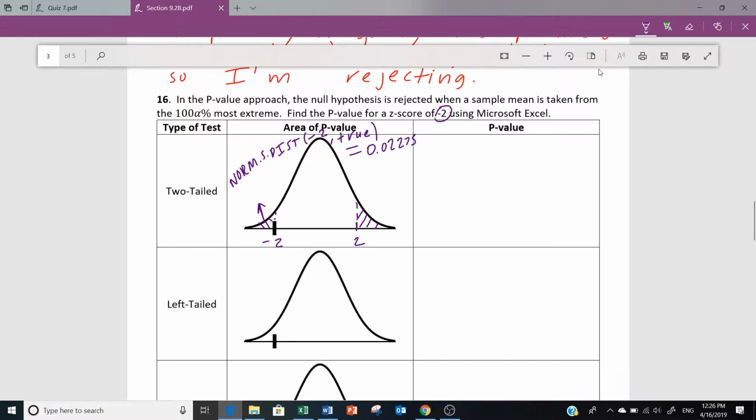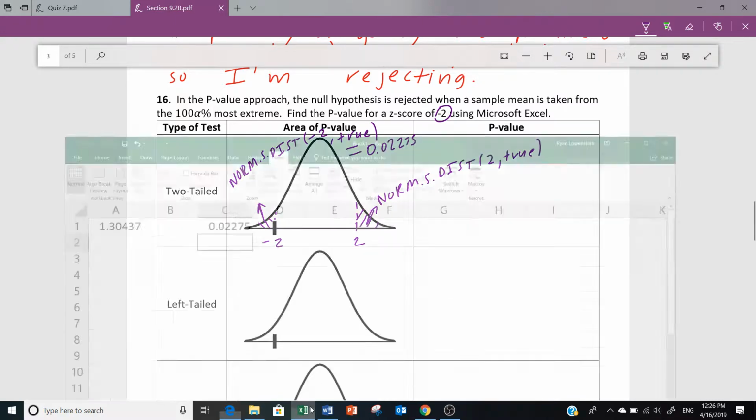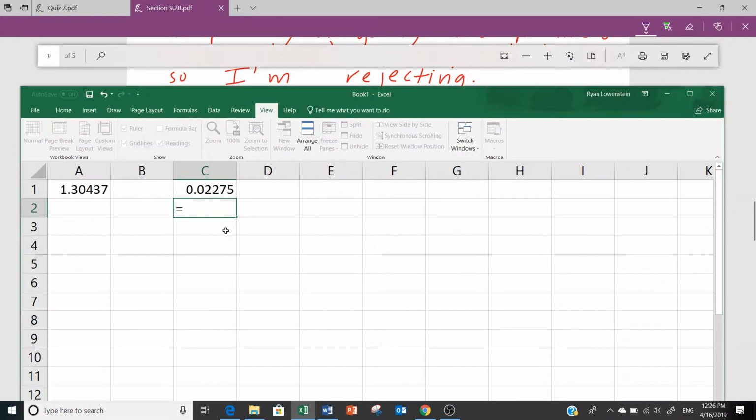How do I find the right area? Do I want to do NORM.S.DIST of 2 comma true? Is that going to give me the answer? That's going to give me the right area. If I type it in with equals NORM.S.DIST of 2 comma true, I get a huge number like 0.97725.